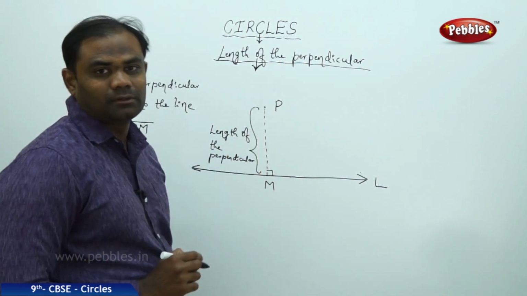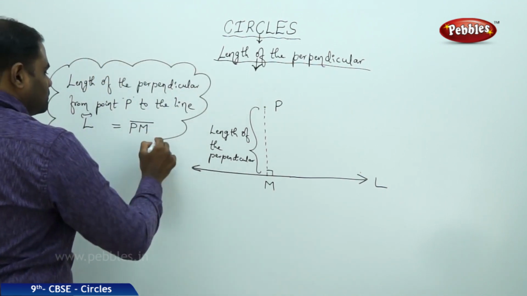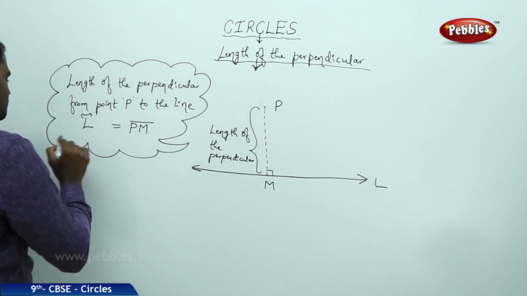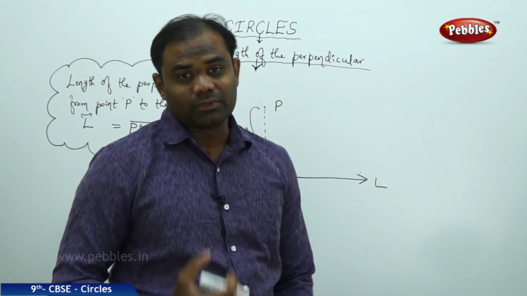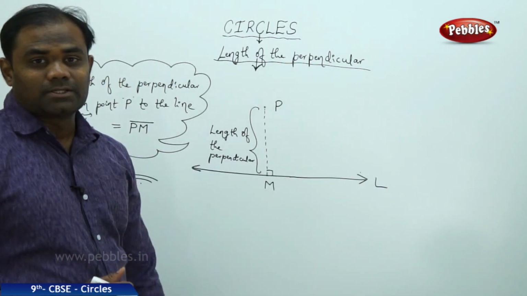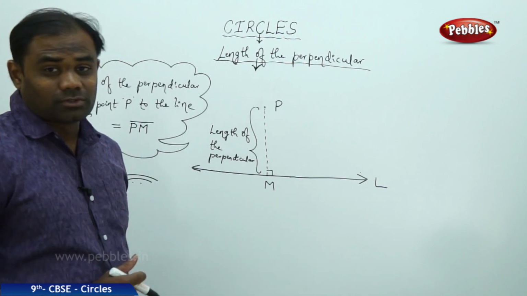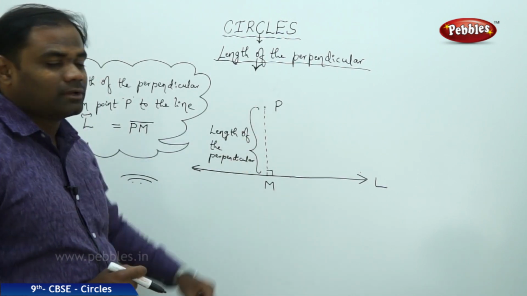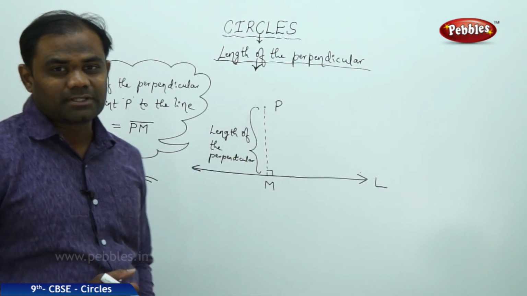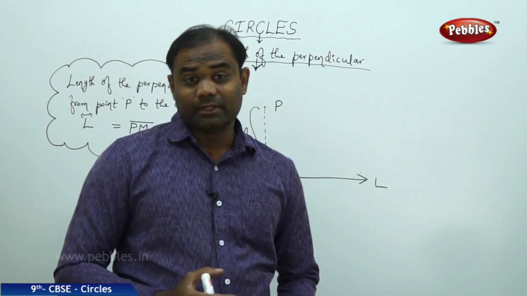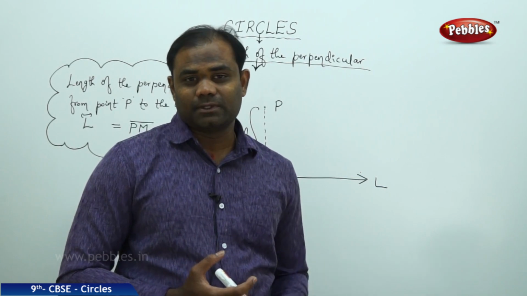This is how we define the length of the perpendicular. It's very important to note also that the length of the perpendicular is the shortest length from the point to the line. If I take different lines, the perpendicular length is the shortest. Let's see in brief how this becomes the shortest.